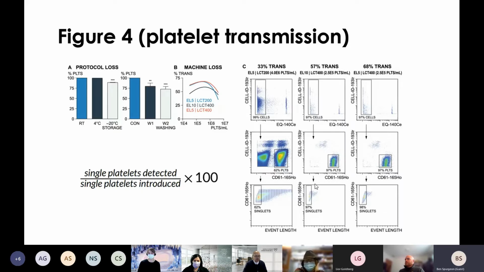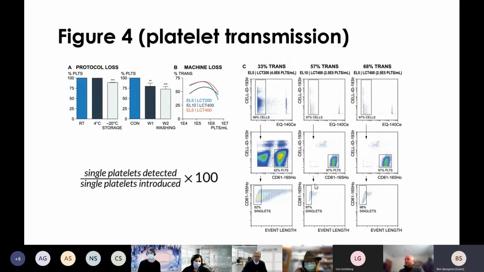We then prepared 2-fold serial dilutions of samples from a maximum of 4 million platelets per milliliter all the way down to 31,000 platelets per milliliter. And we acquired these serially diluted samples by CyTOF.